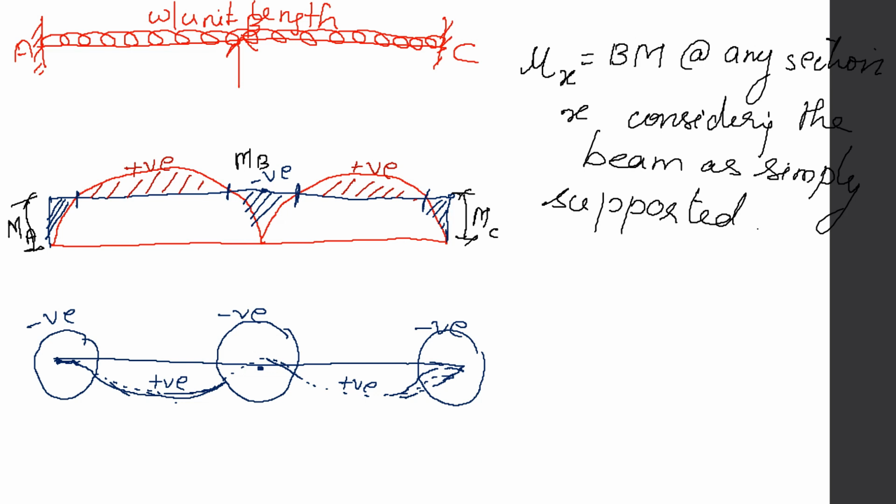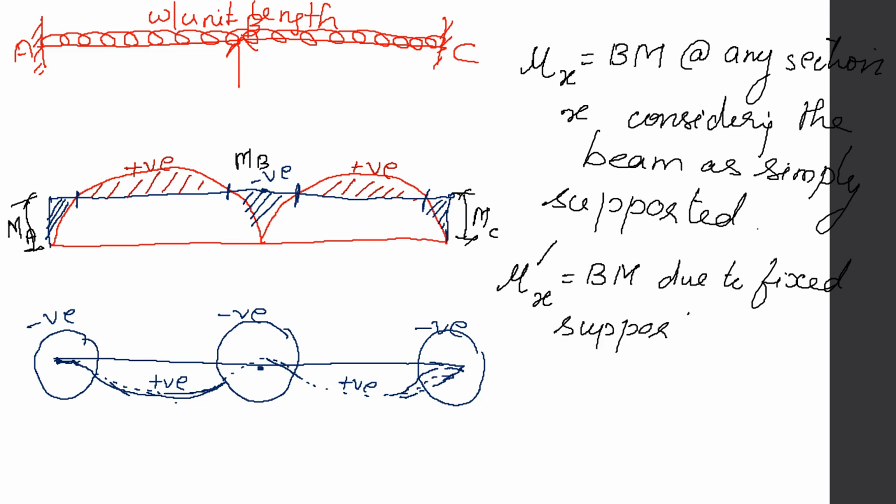Now, similarly, for the bending moment due to fixed moment, we will take it as μ'x. So μ'x is the fixing moment, the bending moment due to the fixed support or due to the restraint, at any section x.